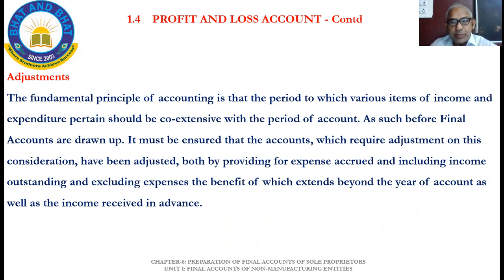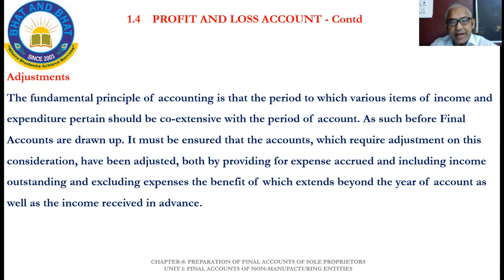If any expense is paid in advance, for example, suppose next April and May rent is already paid in the month of March itself, maybe for some reasons, that is relating to the next period but not to this period, but paid in this period itself, then it is known as advance payment.